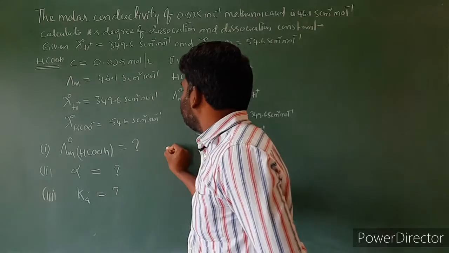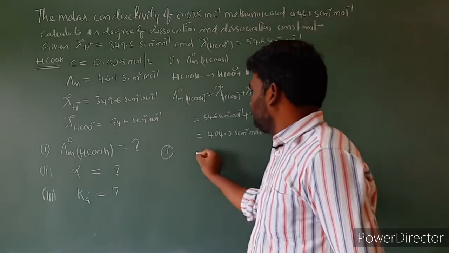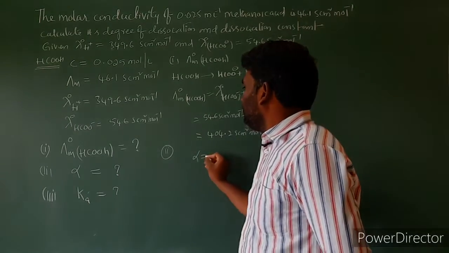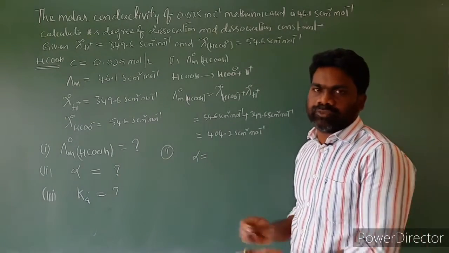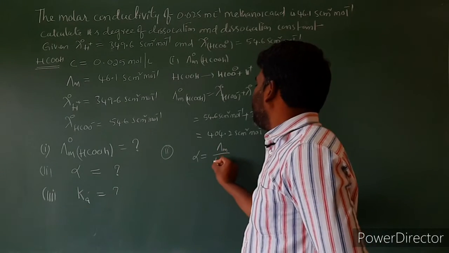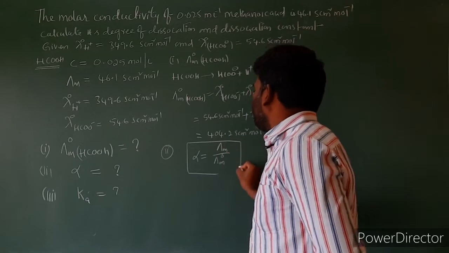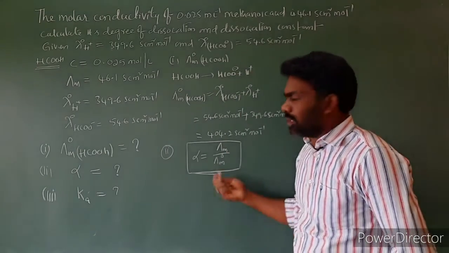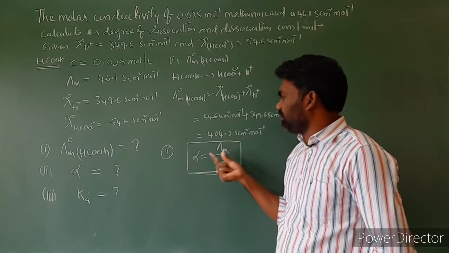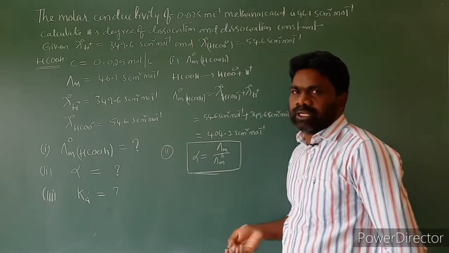Second question. We have to find out the alpha value. So we know the formula for alpha, you learned in applications of Kohlrausch law. Alpha is equal to lambda m by lambda m naught. Alpha, degree of dissociation, is equal to molar conductivity at a given concentration divided by limiting molar conductivity.